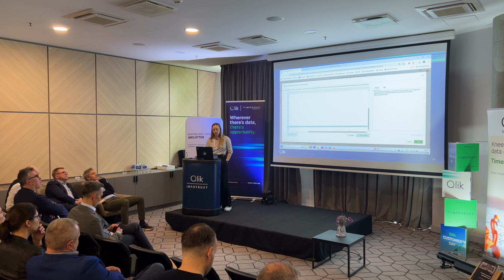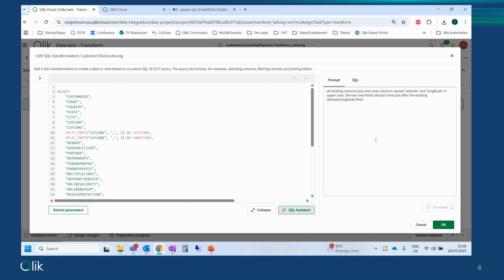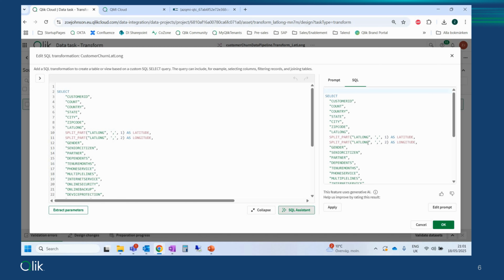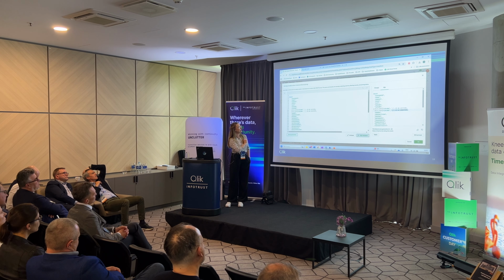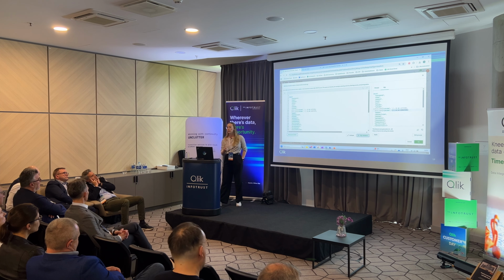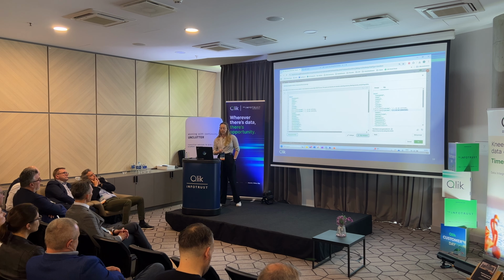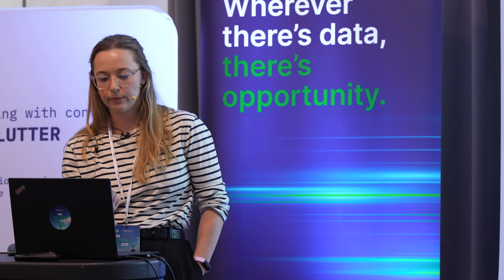I can then press the generate button, and this will go off to Gen AI and bring back the SQL code. Now, I as the user, even though I haven't written that code, I can apply it to the left-hand side, but still have control. So I can change this, I can modify it however I would like. So this is a kind of half coding approach.